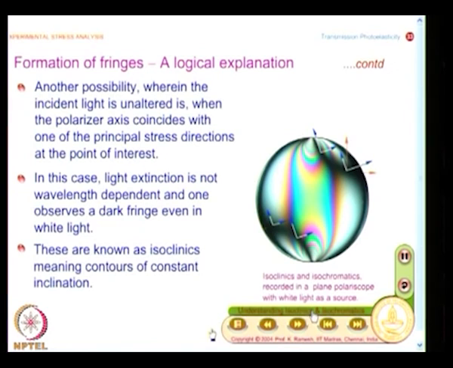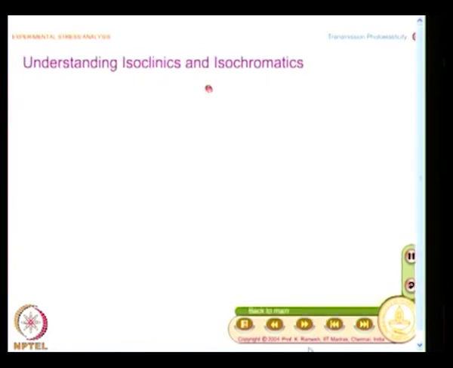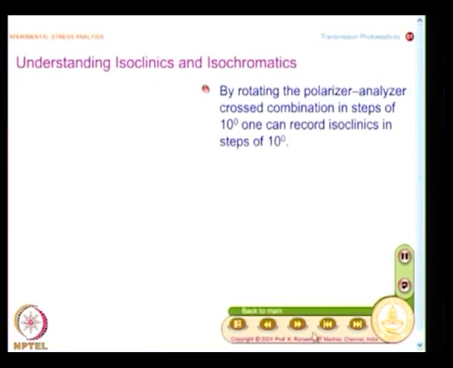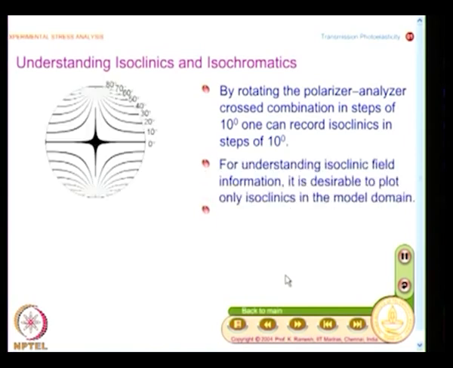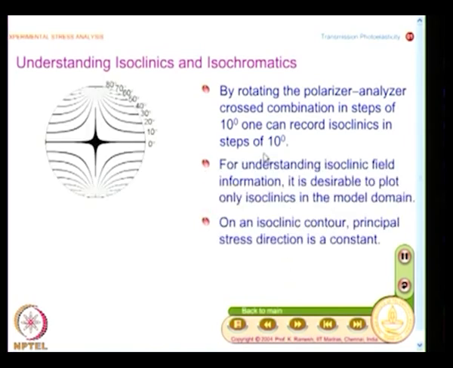We will also look at in what way we can represent it. What I do is I rotate the crossed polarizer-analyzer combination in steps of 10 degrees. One can record isoclinics in steps of 10 degrees and plot them.